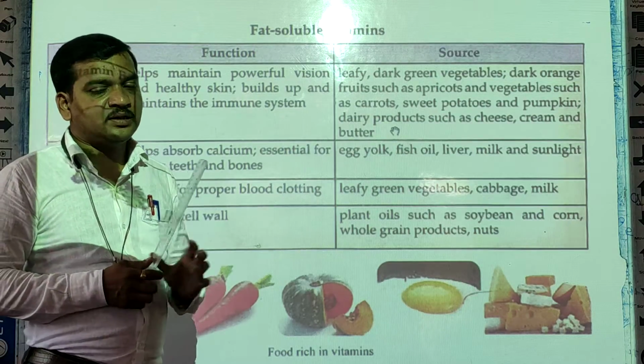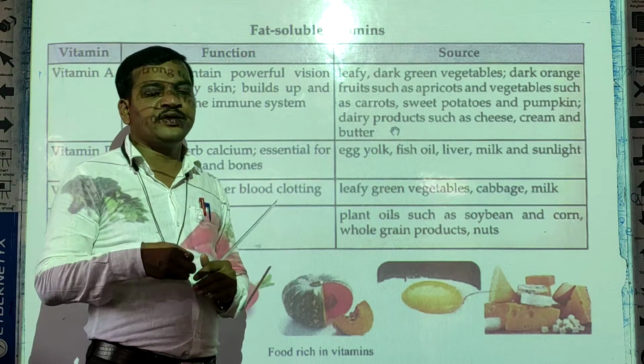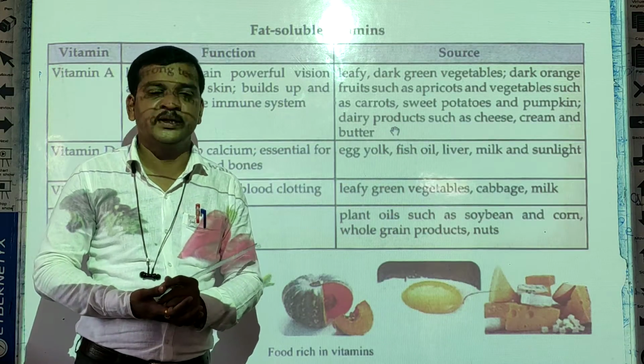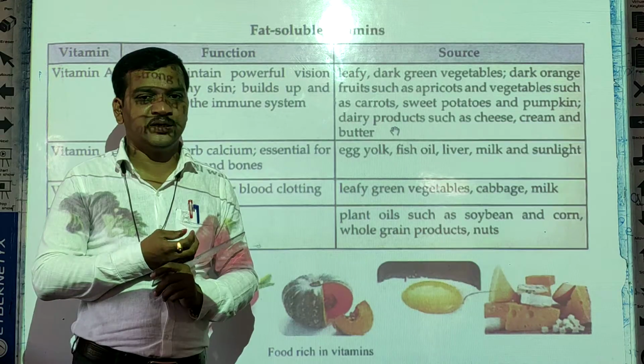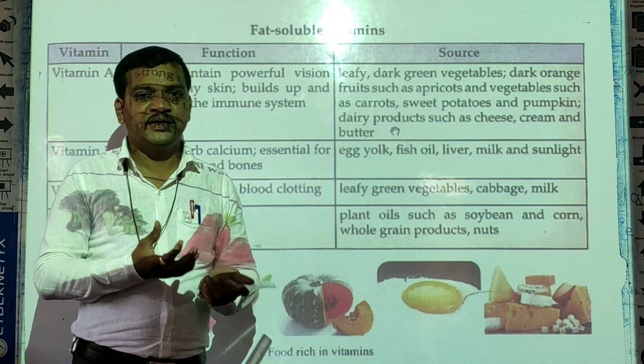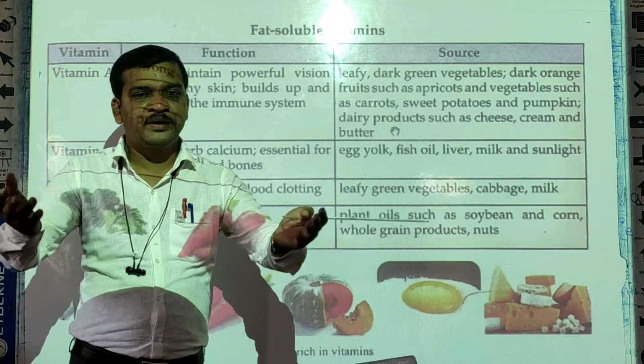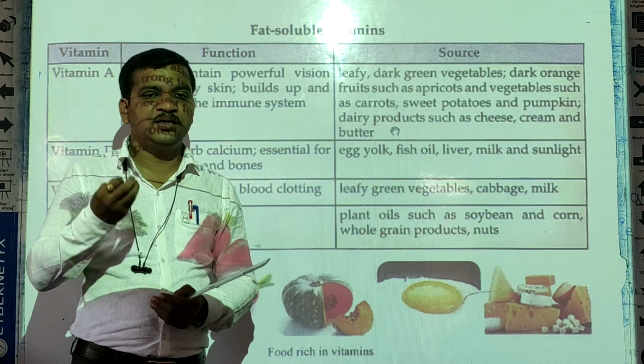One more thing, that is about the source. We can get vitamin D directly through the sunlight early in the morning. That is why after birth, mothers take small babies to an open yard early in the morning to get the sunlight.